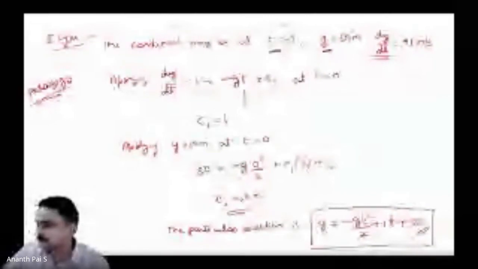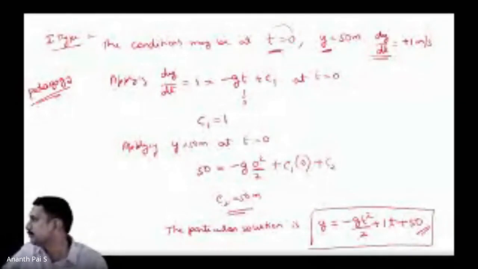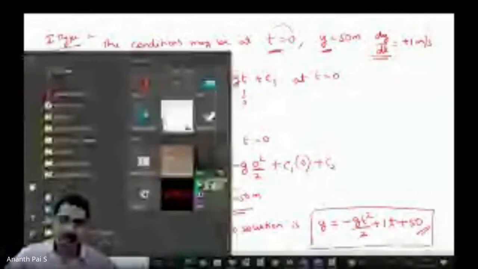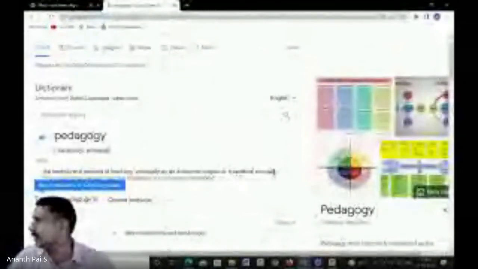Aside, you can write this. Wrong spelling. Let us see, we have Google Baba. Let us ask Google Baba. Yes, it's pedagogy. What is it? The method and practice of teaching, especially as an academic subject or theoretical concept. How to teach, that matters.